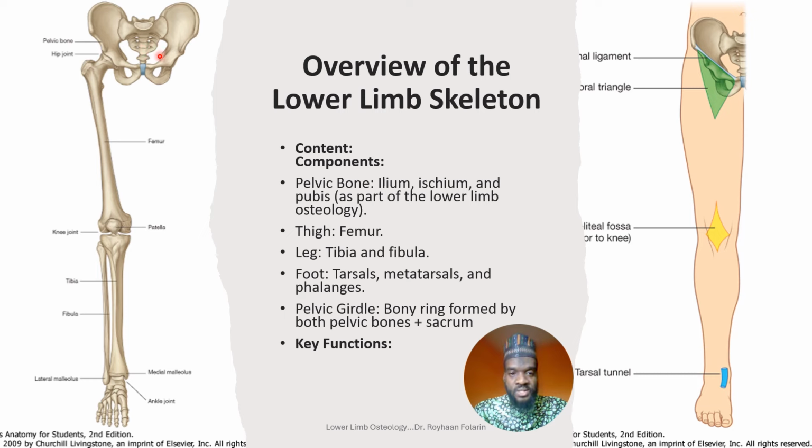So the pelvic girdle consists of the two pelvic bones and the sacrum, which connects the spinal column to the pelvis. The pelvic girdle anchors the lower limbs to the axial skeleton, while the bones of the thigh, leg, and foot provide mobility and stability. This structure collectively supports weight bearing and locomotion of the body.